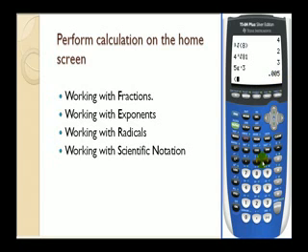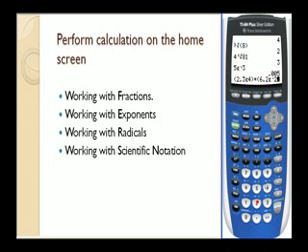I can also multiply two numbers together in scientific notation. So to enter 2.3 times 10 to the power of 4, I'll press second comma and then just the 4, close the parentheses, times, open parenthesis, 6.2 second comma, let's say I'm going to type in times 10 to the negative 2 power.